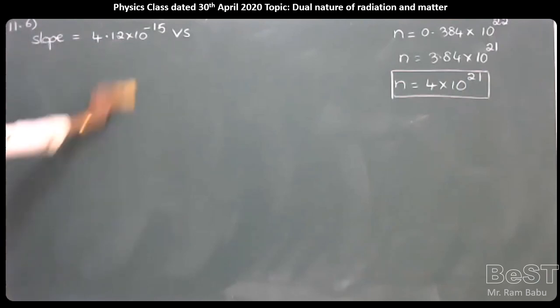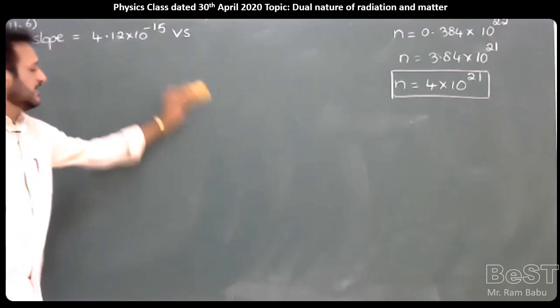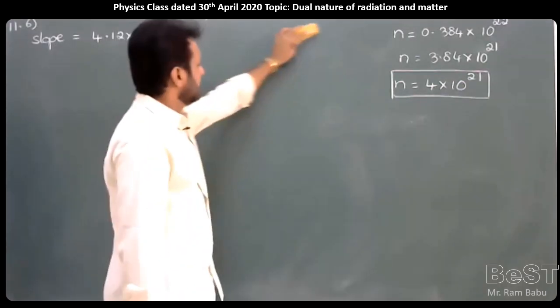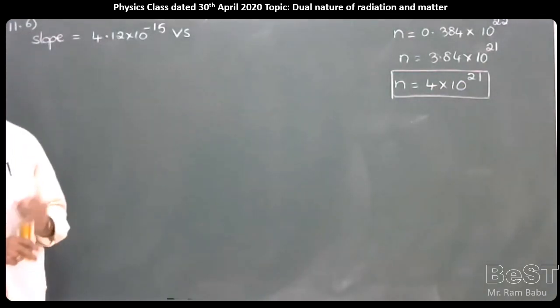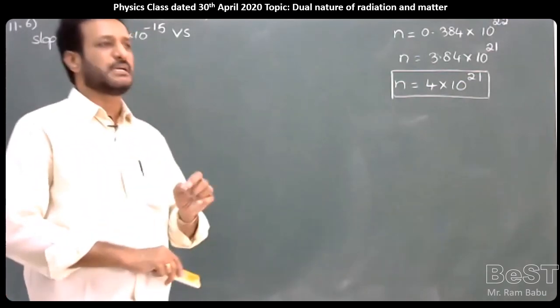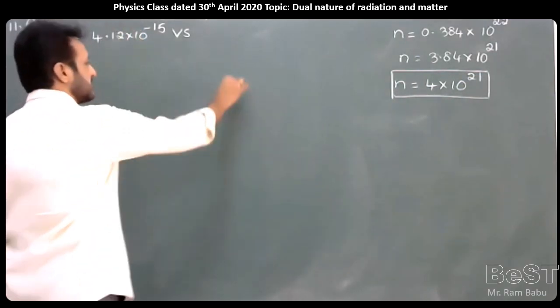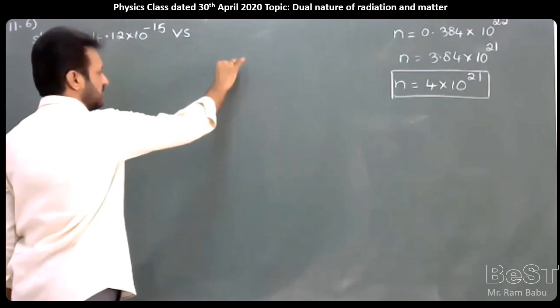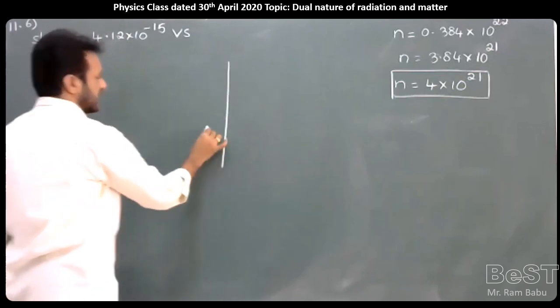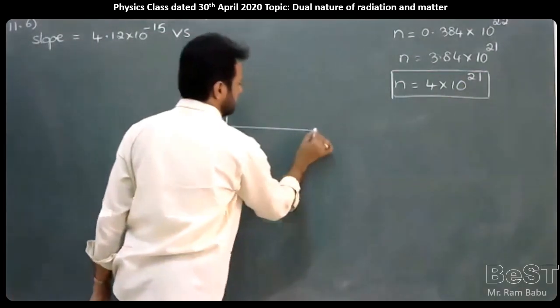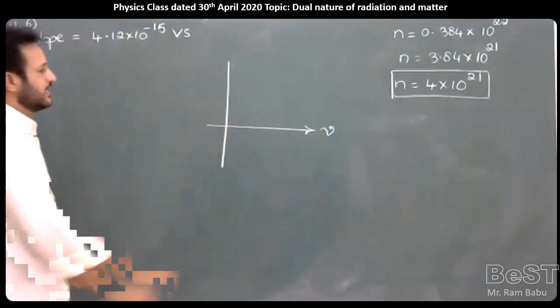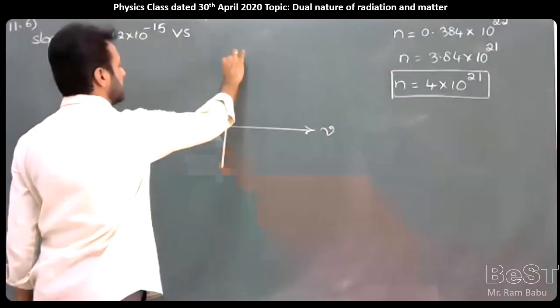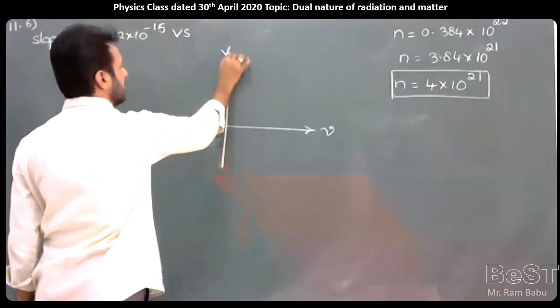Now check the question. In an experiment on photoelectric effect, they are given a graph. What kind of graph is given? Frequency versus stopping potential. In the previous classes it is already given in notes. A graph is drawn by taking frequency on x-axis and stopping potential V naught on y-axis.